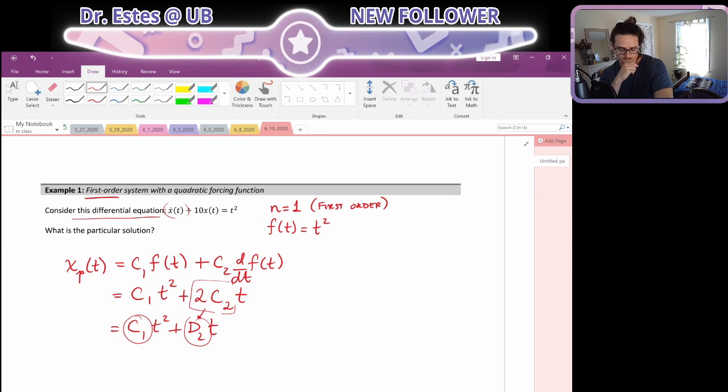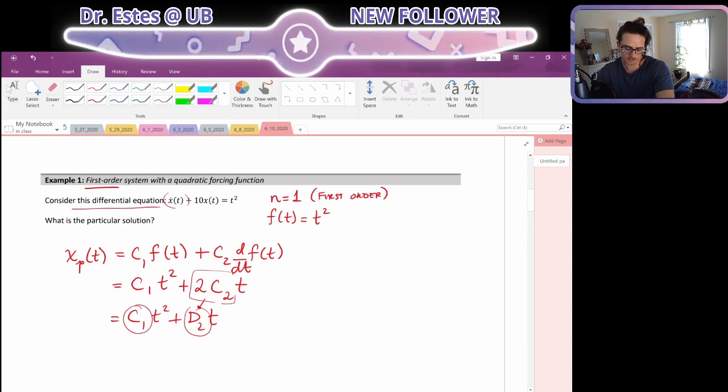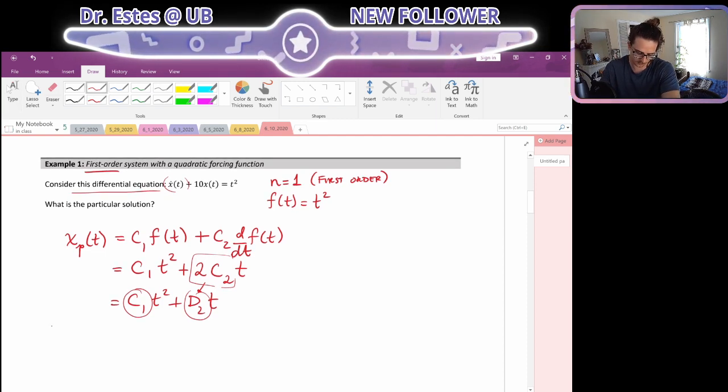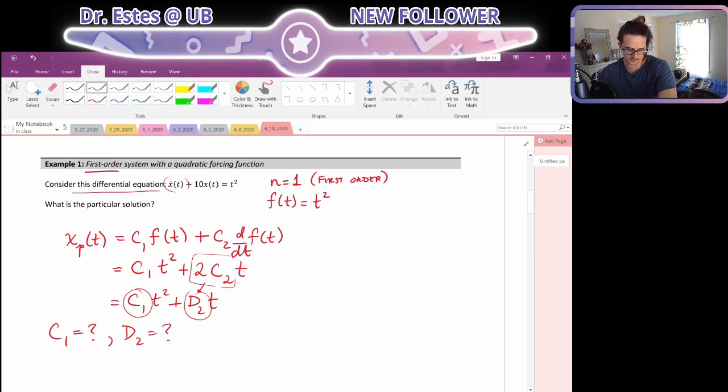All right. Our next step is to solve for these coefficients. So what is C1 and what is D2?